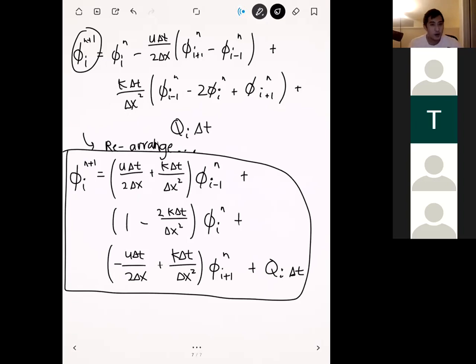And so it's a lot of terms here, but the nice thing about this is that it's basically just plug and chug, okay? And so this equation right here, this is our time marching equation for explicit Euler.